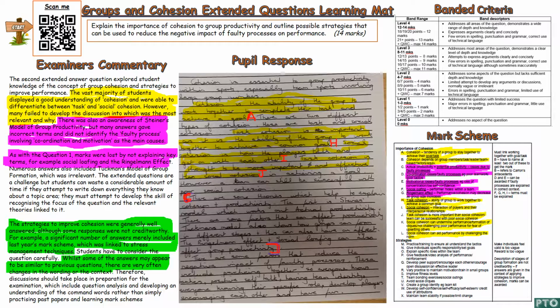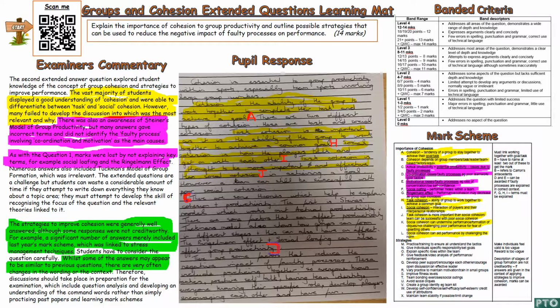They look at mark schemes and think, if I learn that, it's going to help me answer a question if it comes up on that topic again. This is where that qualifying word is really important, because the question actually asks you to outline strategies that can be used to reduce the negative impact of faulty processes. A lot of stress management techniques would not reduce the impact of faulty processes, they would just reduce anxiety.